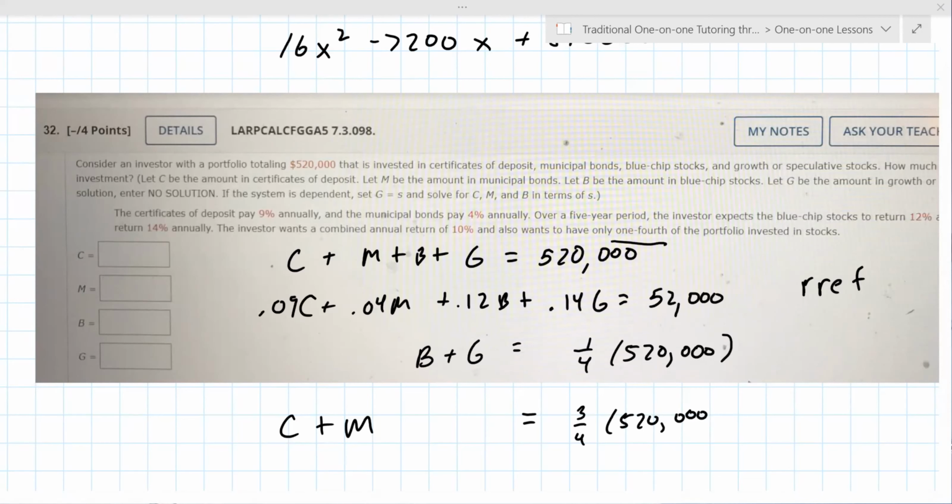Two, 4. And your calculator can do the 1/4 of 520,000 when you're entering it in.